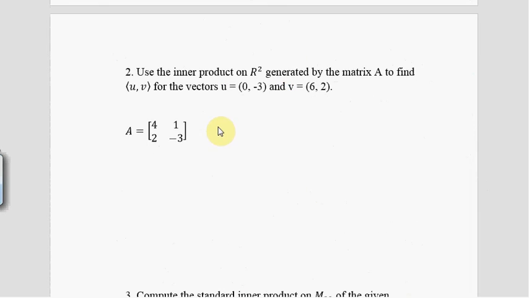So here this inner product is AU dot with AV, or AV transpose times AU. Okay.